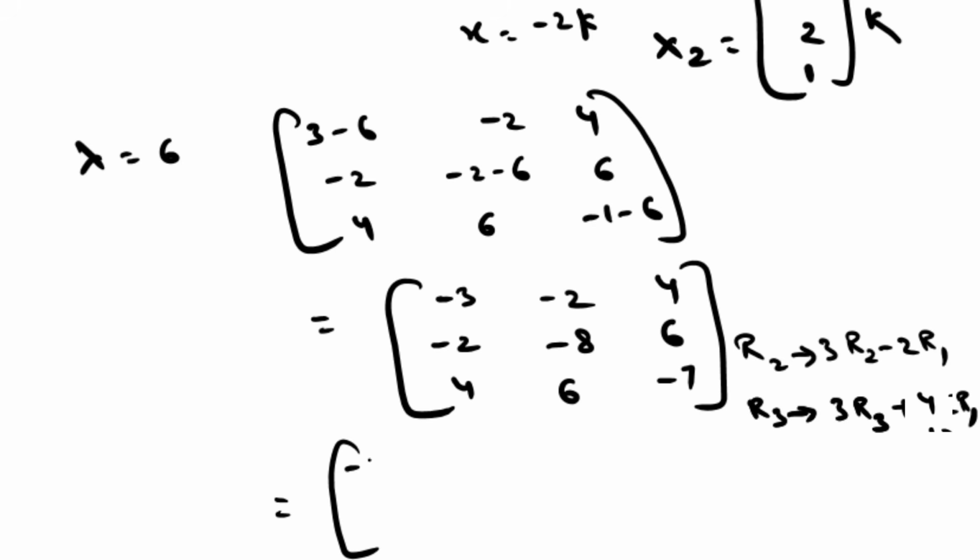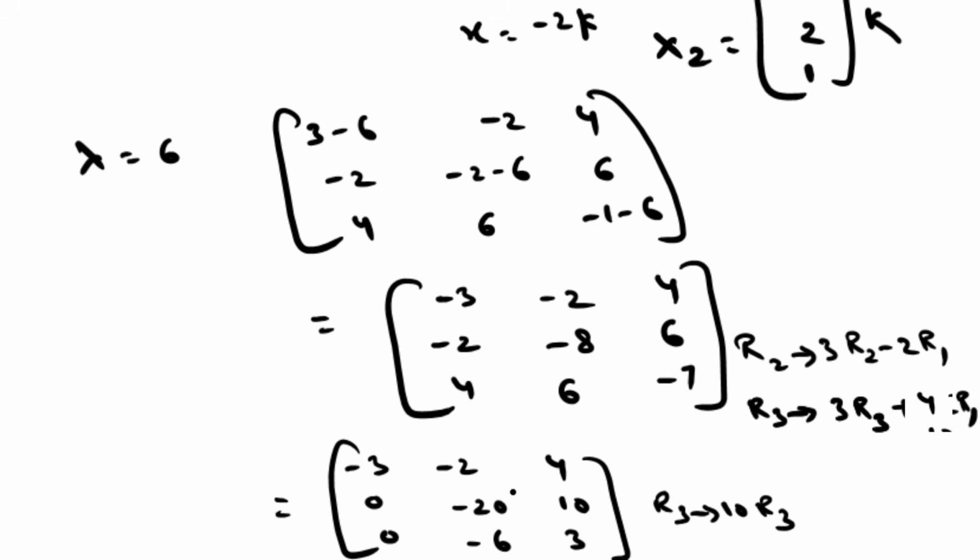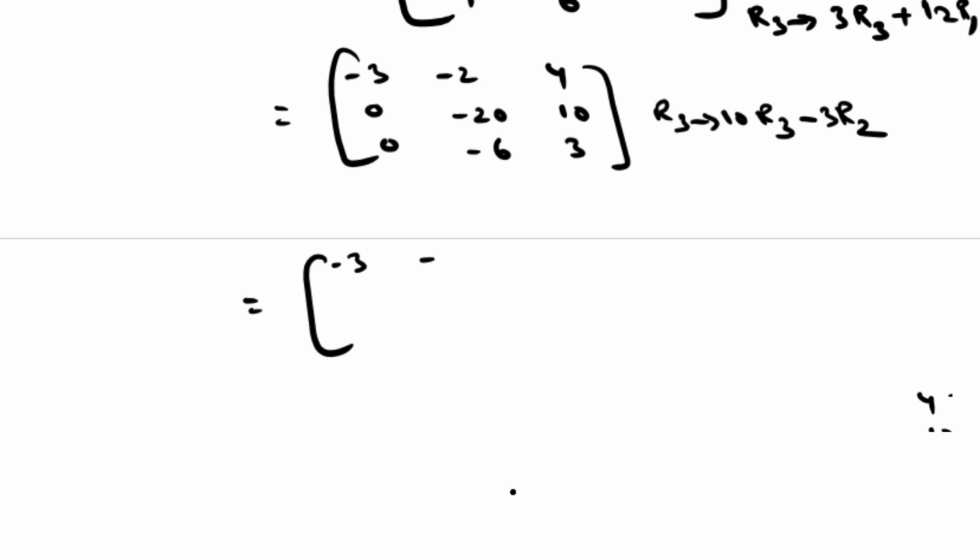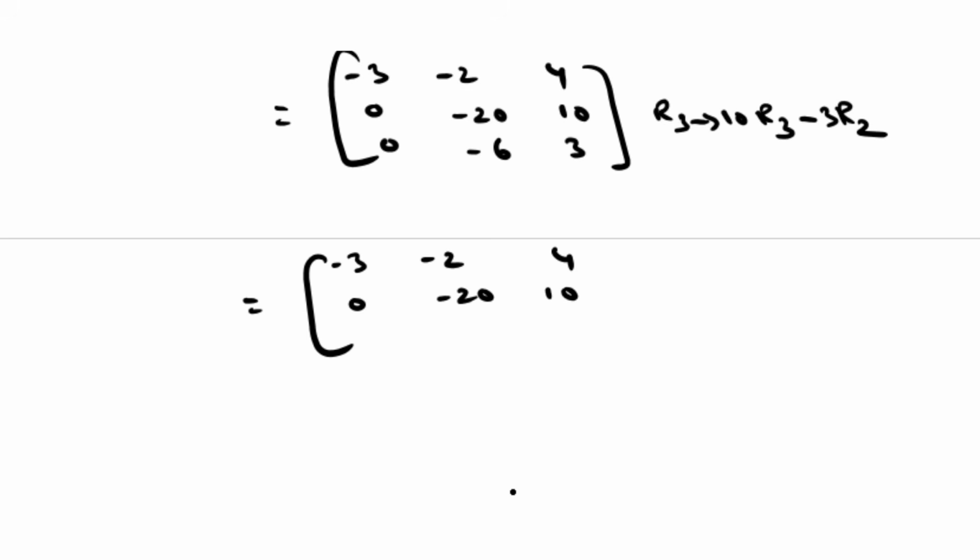The matrix will be -3, -2, 4; 0, -20, 10; 0, -6, 3. Now R3 implies 10 R3 minus 3 R2: -3, -2, 4; 0, -20, 10; 0, 0, 0.